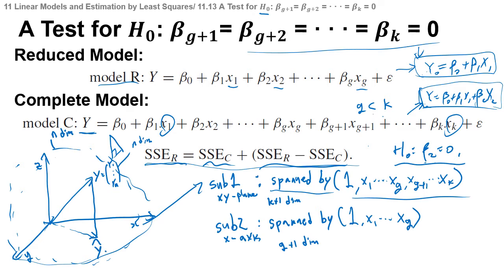y hat c, the complete model. If you project your vector y to the xy plane, this is y hat c, which is the projection if you fitted your linear model using x1 to xk.